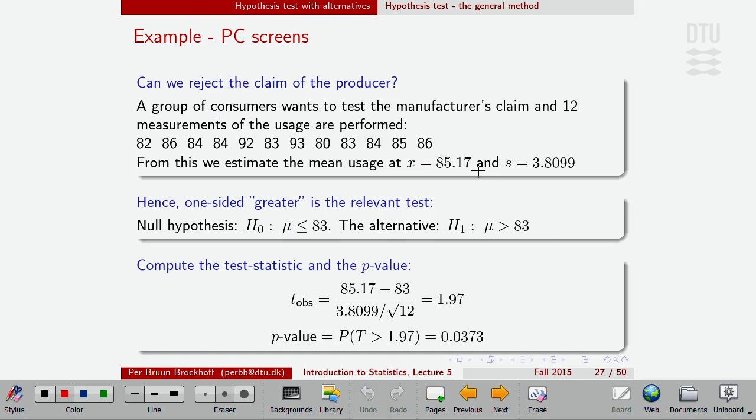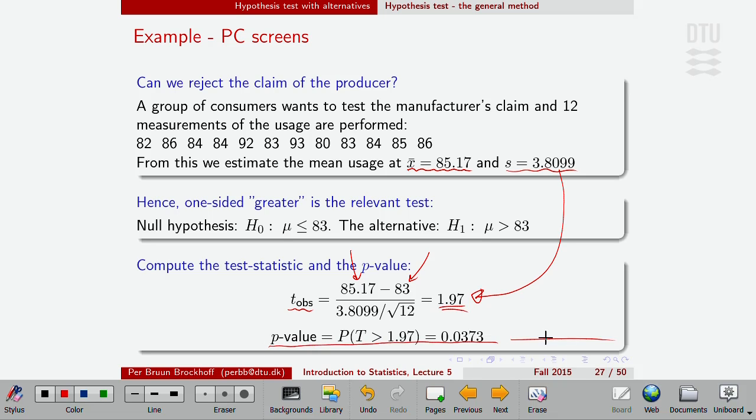Now I have to evaluate how likely it is to go as high as 85.7 with a standard deviation of this. I transform that to the observed t-statistic by taking the data, comparing with the null hypothesis, plugging in the standard deviation and the n in this case, finding a t-obs of 1.97, and finding the one-sided p-value.